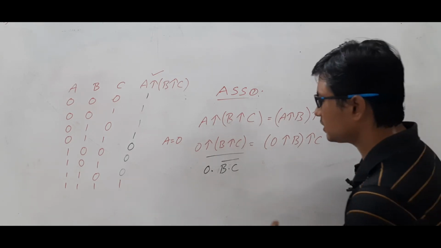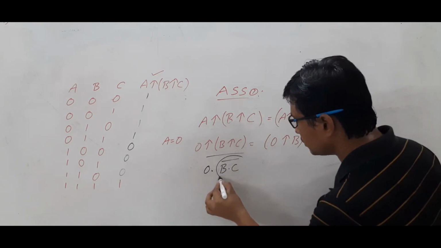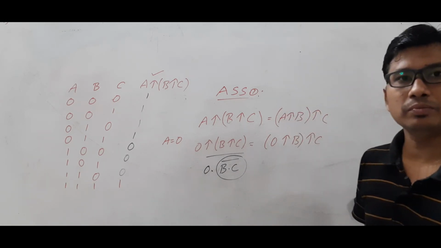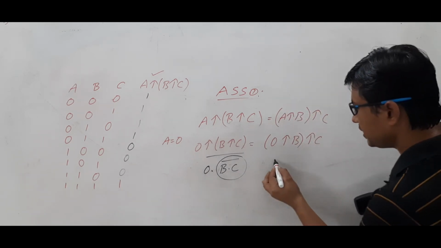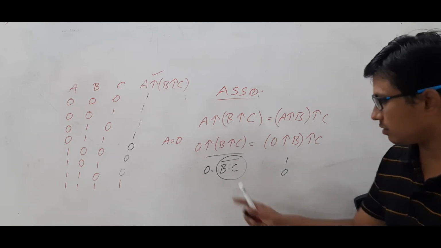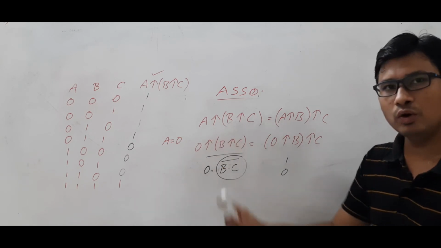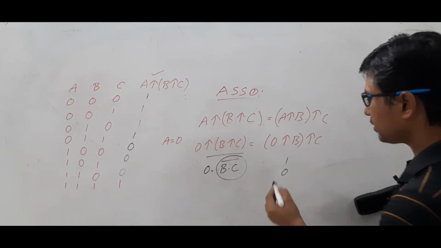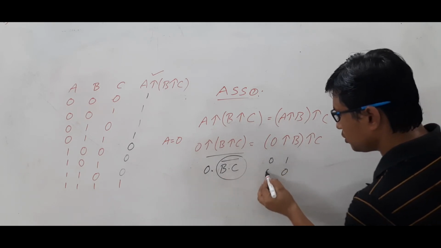Now if you see, whatever this value is, if you perform AND with 0, B and C whole complement can either produce the output as 1 or 0. But anyway, this side is 0 only.